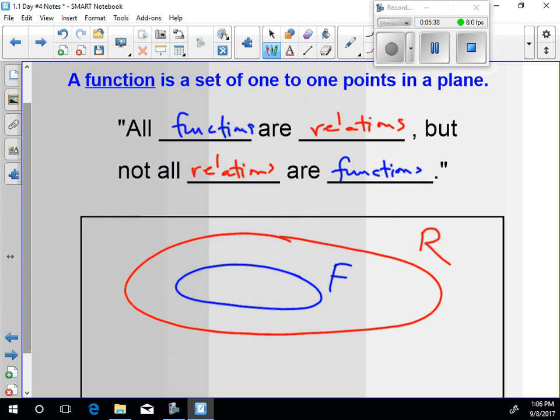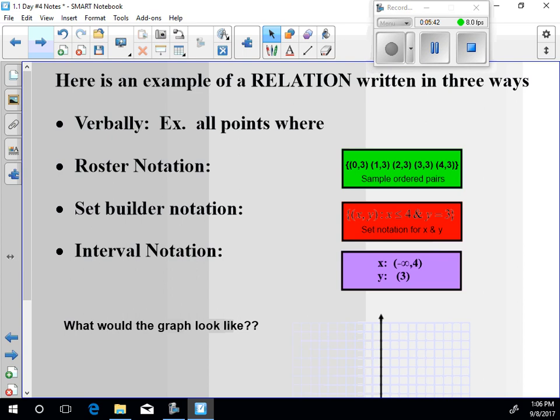Okay, so let's look at an example. Here, what we know, set notation, interval notation, and I'm throwing a new one in called roster notation, but it's not as important as these two. Set notation and interval notation are the important ones.